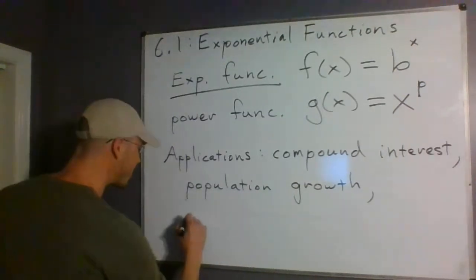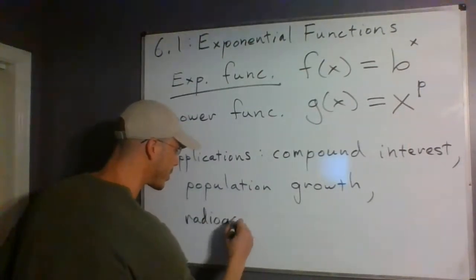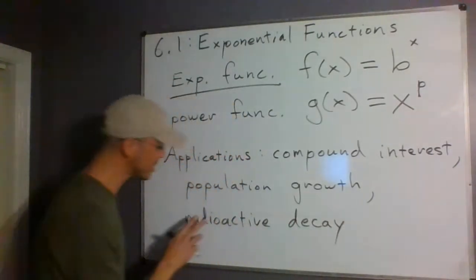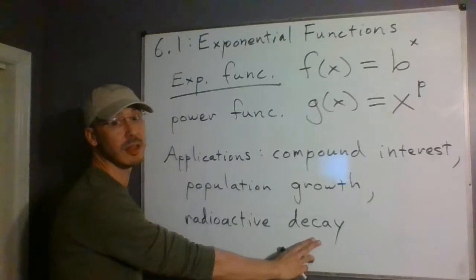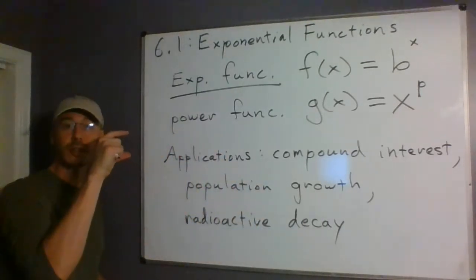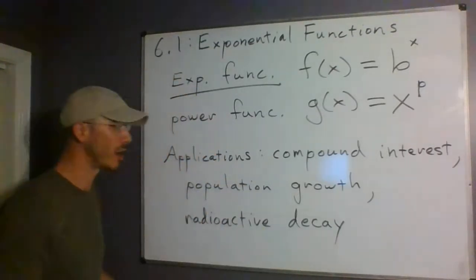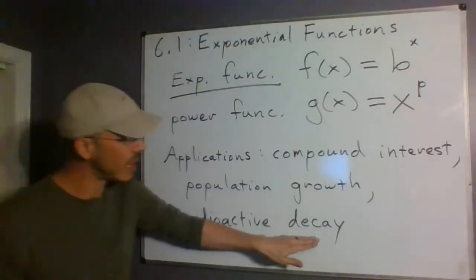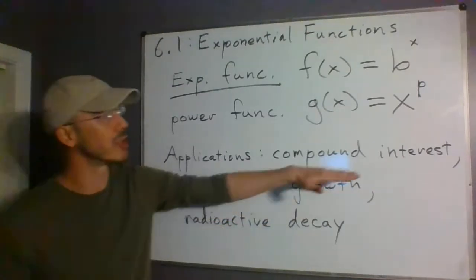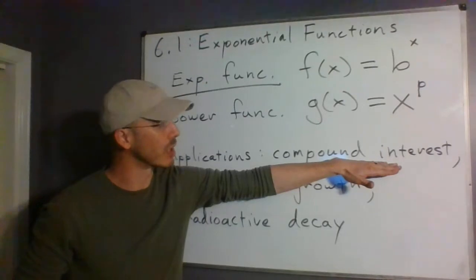The last one I want to mention is radioactive decay, and this is exponential decay. The amount of a given radioactive material decreases over time. It degrades or decays. Also exponential, but not exponential growth in this case, like exponential growth of population or of funds in an interest-bearing account.